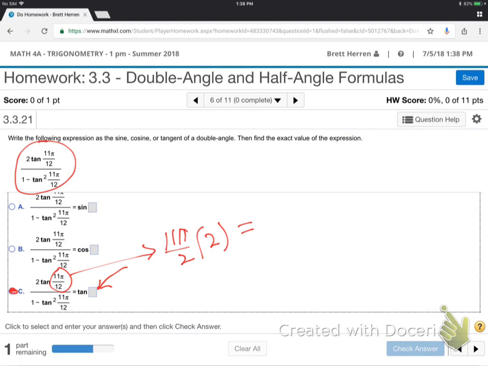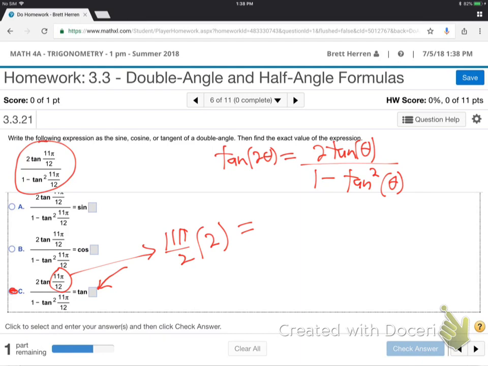Can we leave it in the pi form? Let me write it right here to help you recognize. It says tangent of double an angle is 2 tangent of the angle over 1 minus tangent squared of the angle, right? That's the formula that I just wrote for you over there. So that means that when you do the one tangent alone, you got to double the angle.